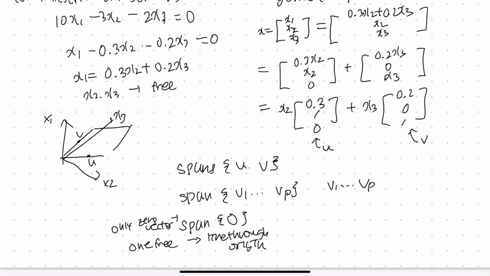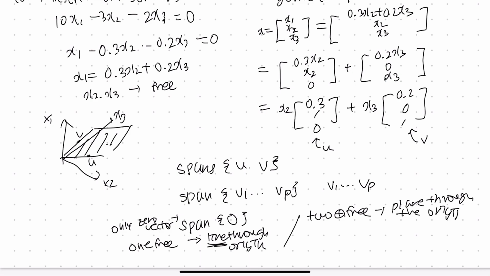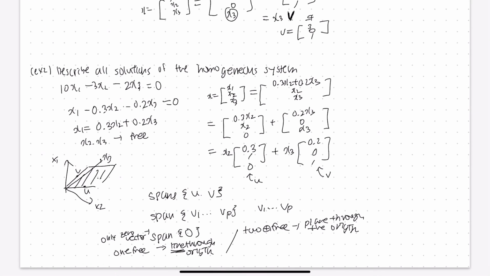But if it has 2 or more free variables, then it becomes something like a plane, right? A plane through the origin. Note, however, that a similar figure could be used to visualize the span of u, v, even when u or v do not arise as solutions of Ax equals 0, and we will learn that soon.